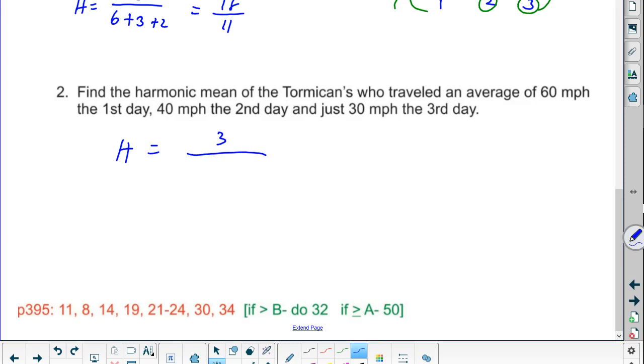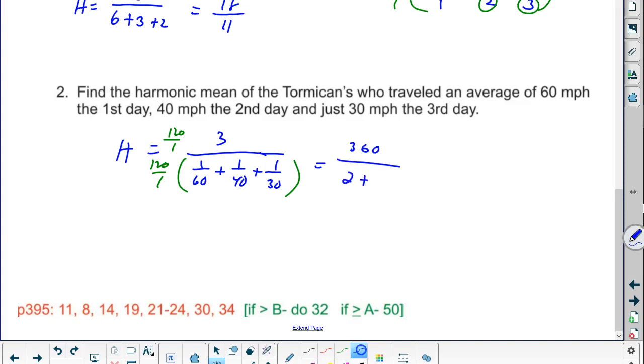Find the harmonic mean. Again, I did 3, so no big deal. If you can do it without looking up, so much the more. Again, you're worried about an LCD, right, is what you're dealing with. I ended up with 40 miles per hour.